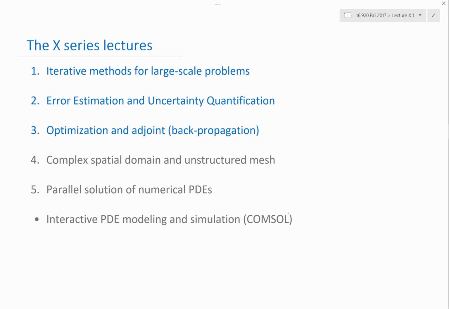And then we are going to be talking about error estimation and uncertainty quantification. We already talked about how much error we are introducing in our numerical techniques. But we are going to be talking more specifically about whether we can actually get a numerical value associated with the outcome computed in numerically solving a PDE.